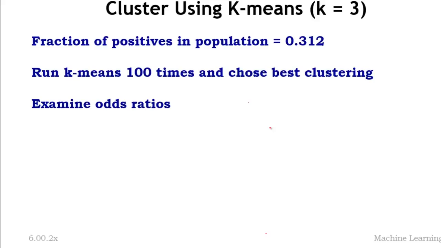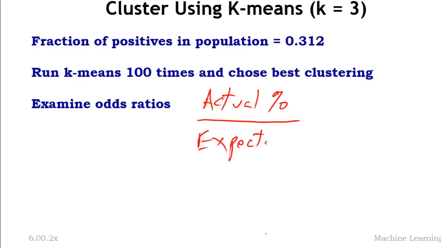For each cluster, we take the actual percent of positive events, and then we divide it by the expected percent. In this case, 0.312. And that gives us an indication of whether or not we have found a cluster of people who are more or less likely than average to experience an event.